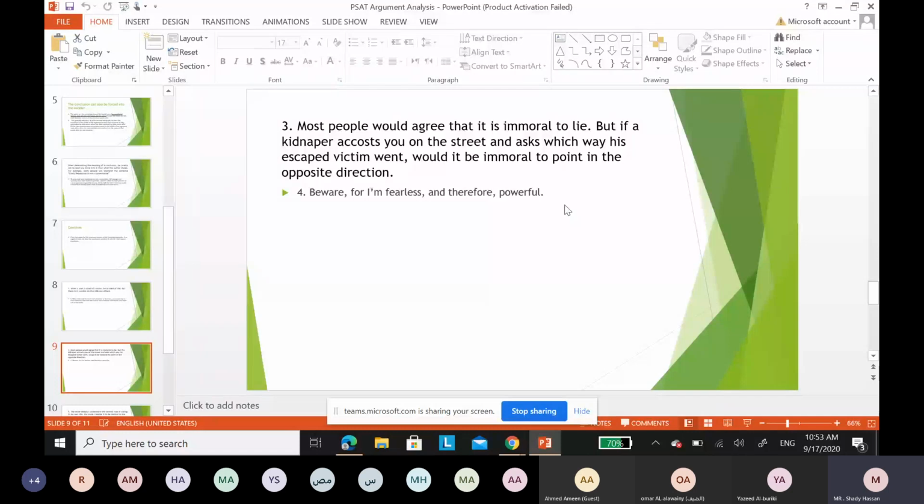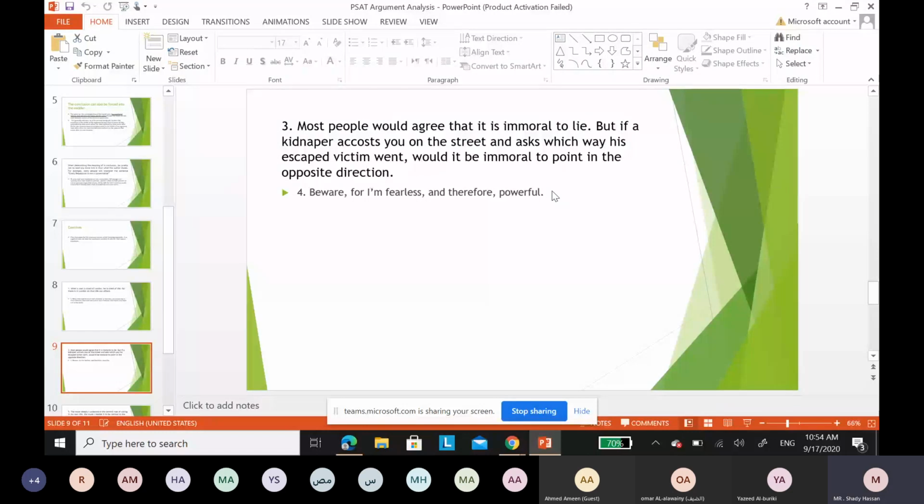Prophet Ibrahim actually lied someday, saying that this is the one who destroyed the other idols. So it's not always immoral to lie. But I don't think this is a conclusion. It's not obvious that we've got a conclusion in this sentence.